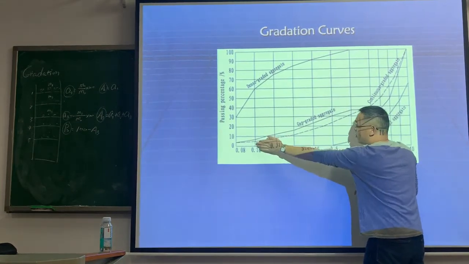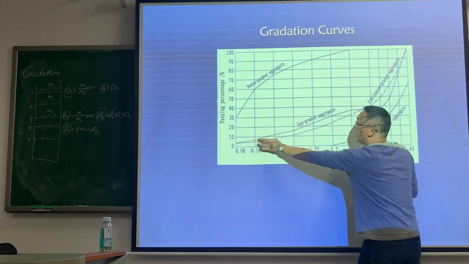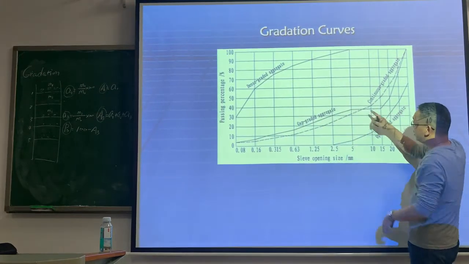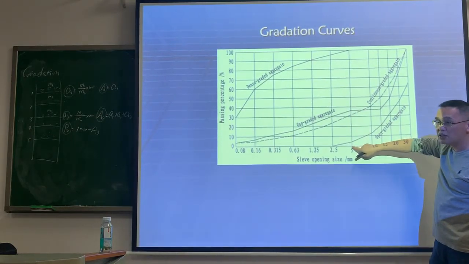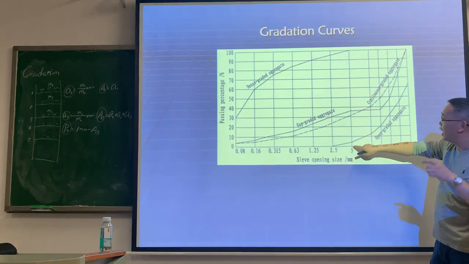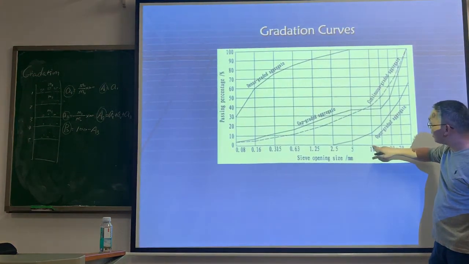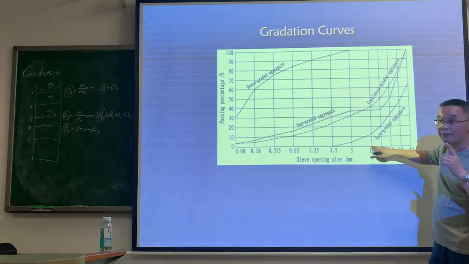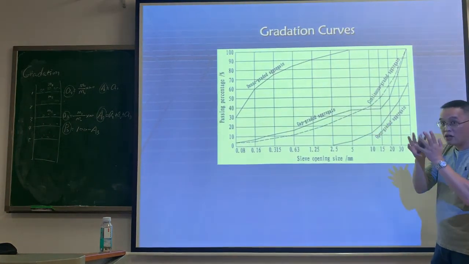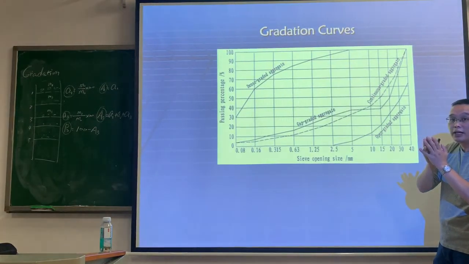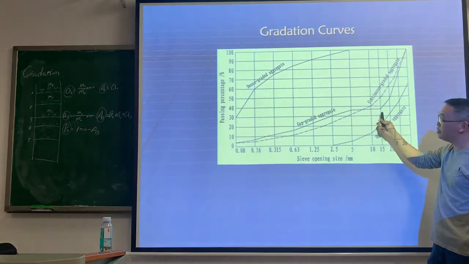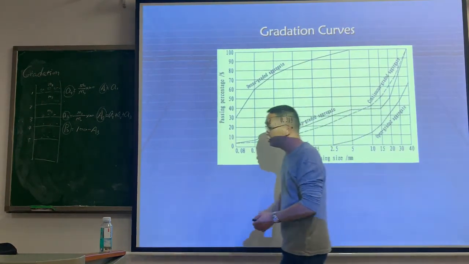For the first part of the curve, it is also continuous grading. But we find that the passing percentage of 5 millimeter is the same as 10 millimeter. So they are very close, or even the same. What does this mean?